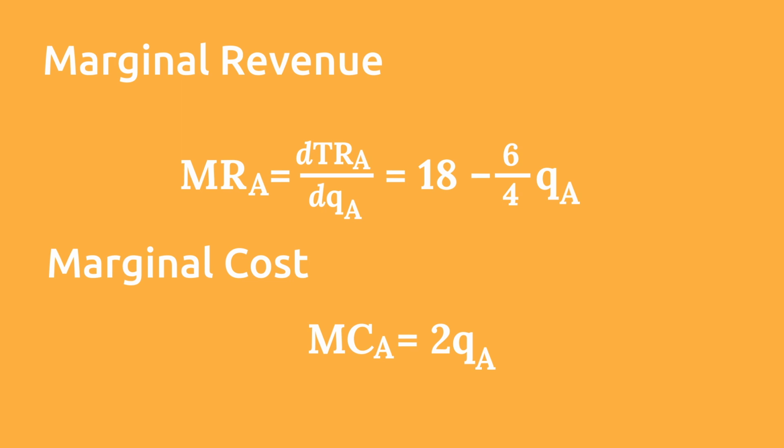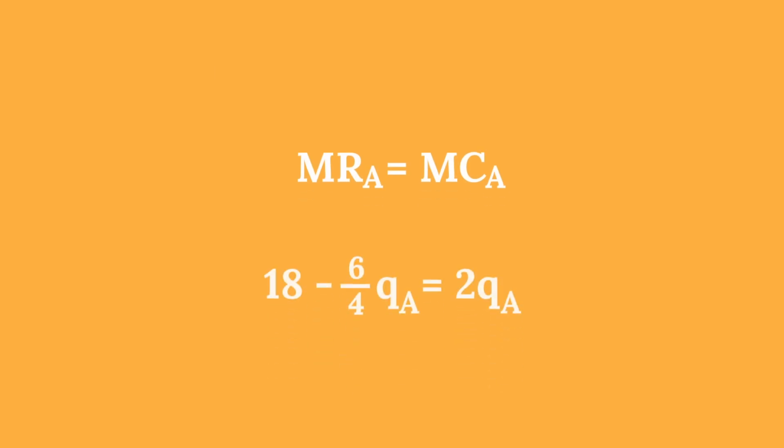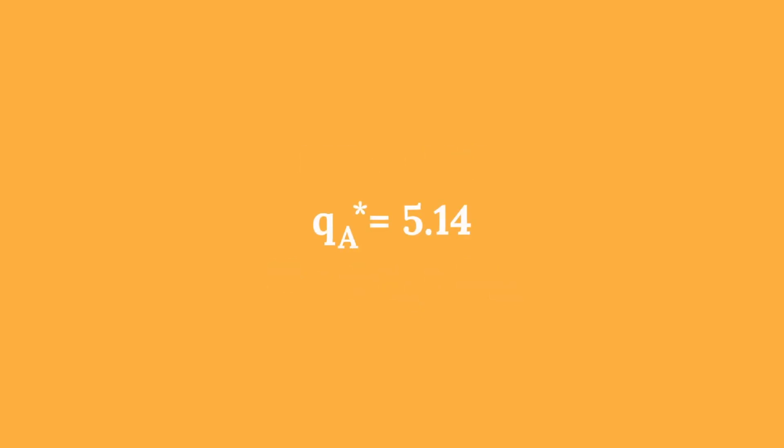And thus, the profit maximizing quantity of firm A is given by MRA equals MCA, that is 18 minus 6/4 times QA equals 2 times QA. And thus, QA star equals 5.14. This tells us that the leader firm can maximize its profit by producing 5.14 units of output.